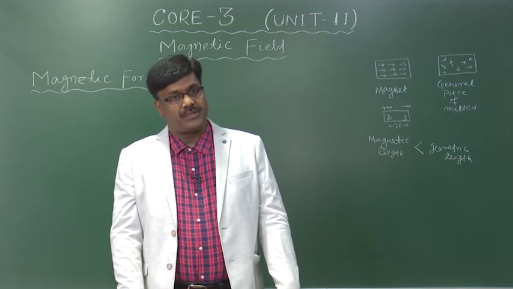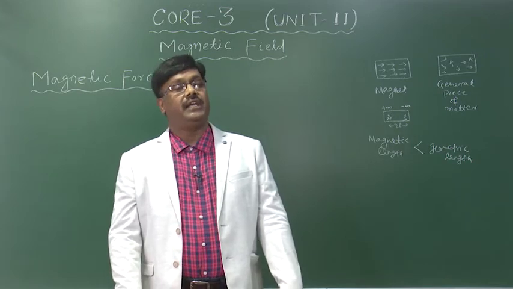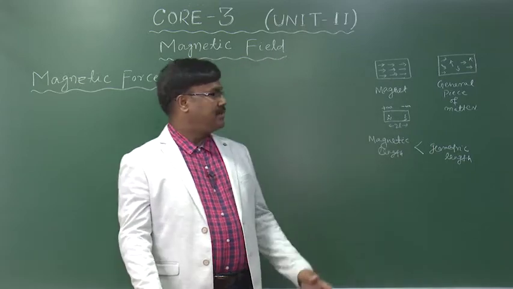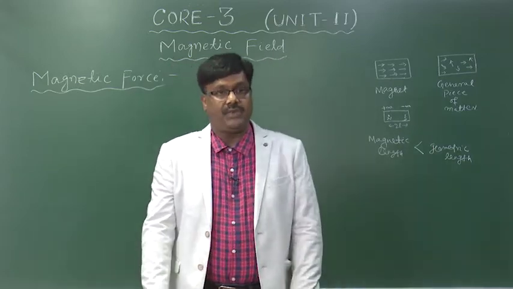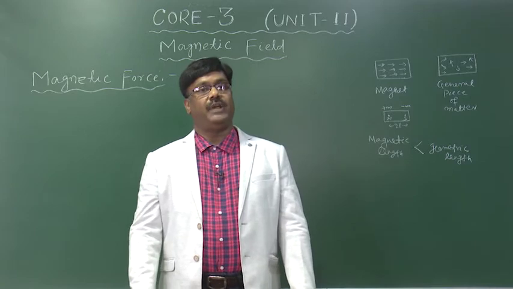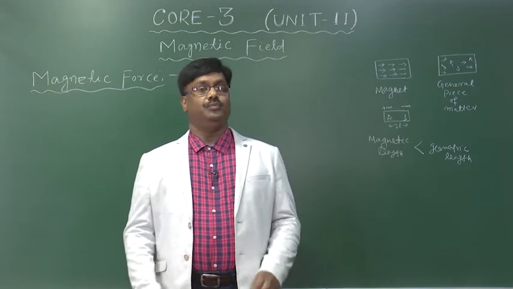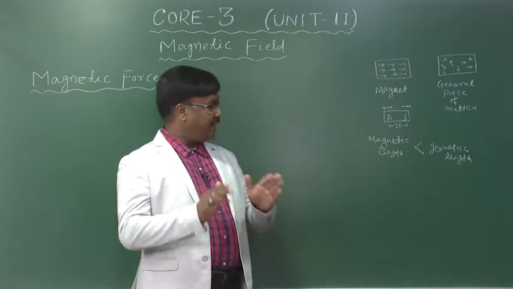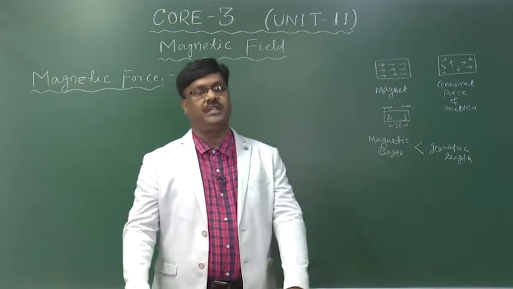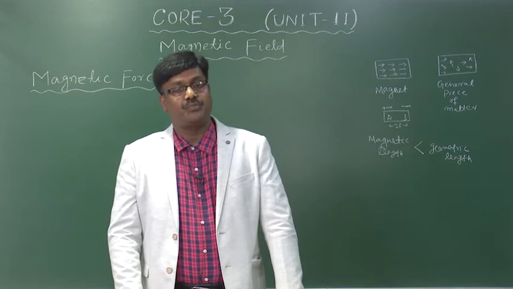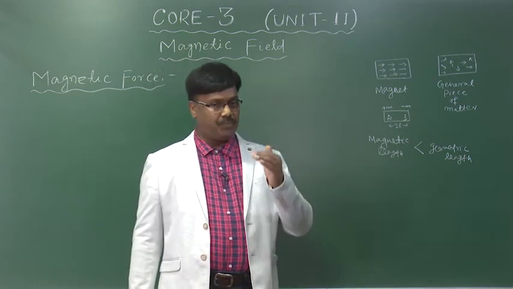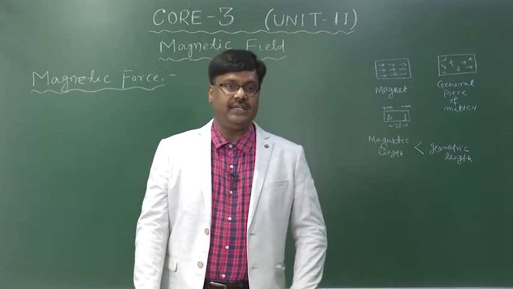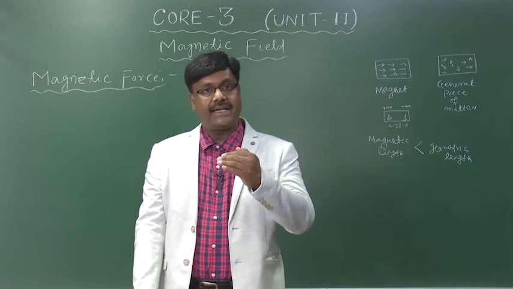That is, F proportional to m1 m2 by r square, and F equals a constant, mu 0 by 4 pi in SI. So F equals mu 0 by 4 pi, m1 m2 by r square for two poles. If there is a force between two poles in a magnet, the force per unit pole strength is nothing but the magnetic field strength.